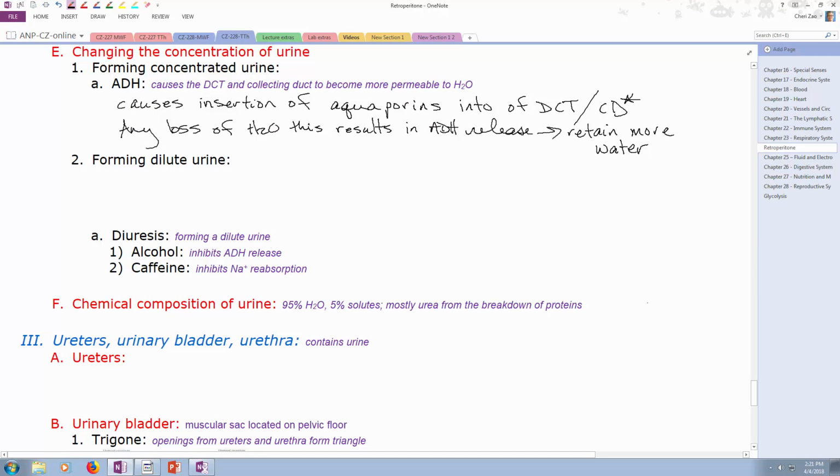The fluctuation of our ADH levels will cause, therefore, the fluctuation of the actual formation and concentration of our filtrate as well as, therefore, our urine.